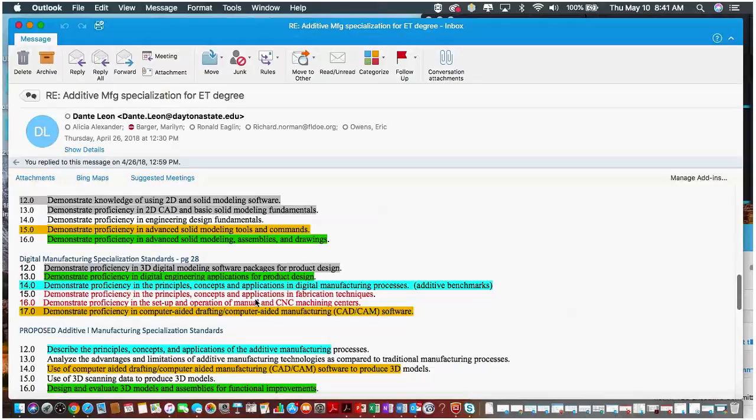And then we do have some of the principles and concepts of fabrication, but not to the level that digital manufacturing, that specialization had. So we were a little bit stuck there. Okay. And those are the 2 red ones that I thought had no overlap. Yeah, those were in red.